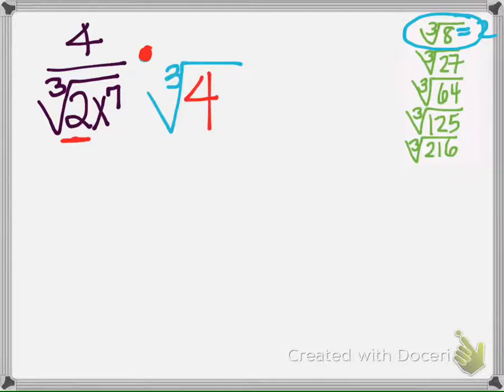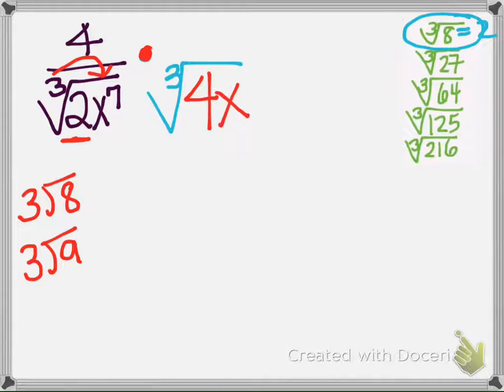So 4. 3 cannot go into 7. 3 cannot go into 8. 3 does go into 9. So we need 2 more x's, so that way when we add 7 plus 2, it's 9.